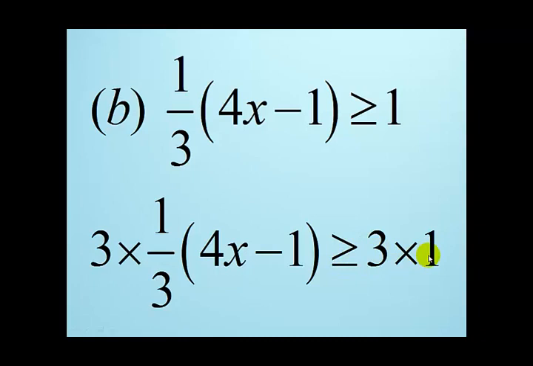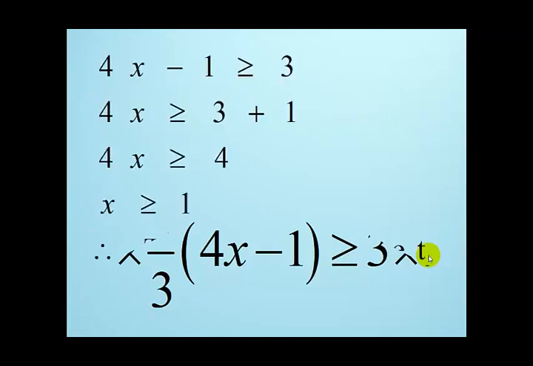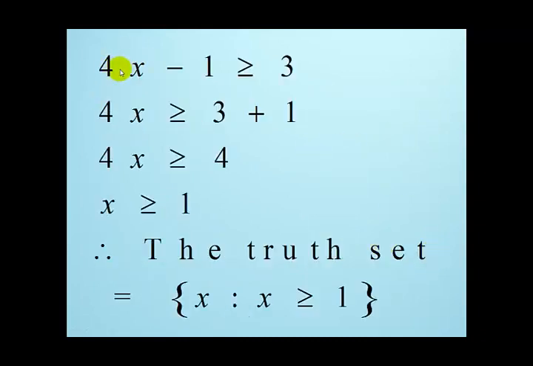Now let's proceed. If we have 4x minus 1 greater than or equal to 3, take note that because we are solving for x, we have to group the constant on one side. So grouping the constant on the right hand side, take note that minus 1 on the left hand side of the inequality becomes plus 1 on the right hand side. And 3 plus 1 is equal to 4.